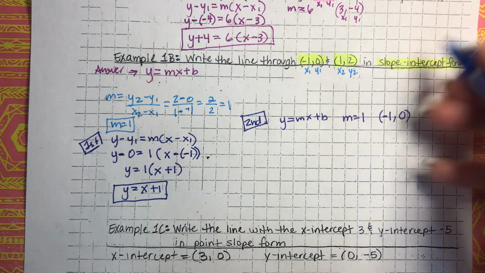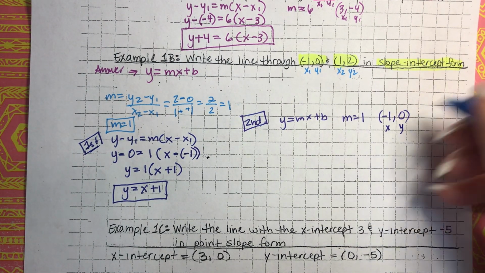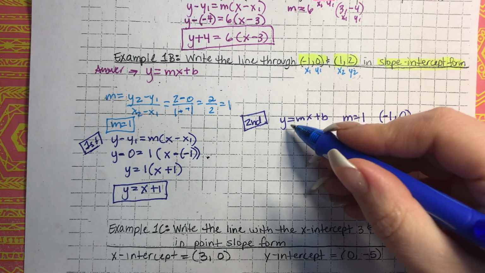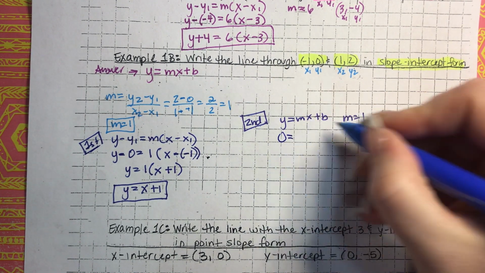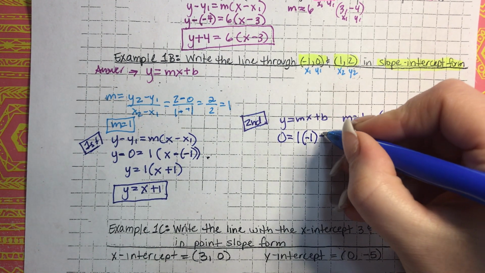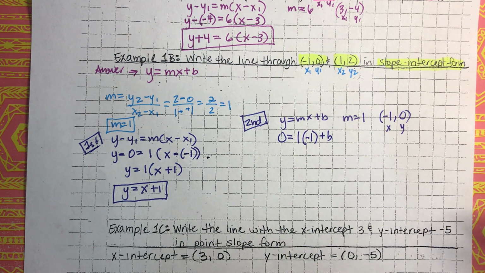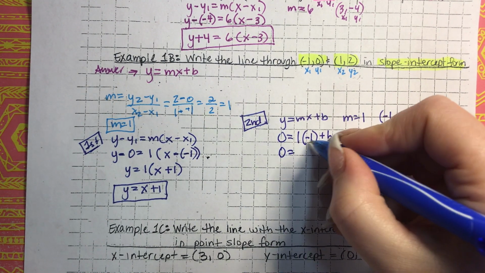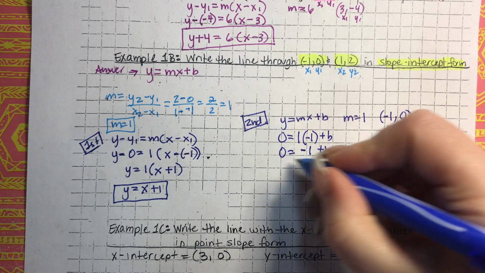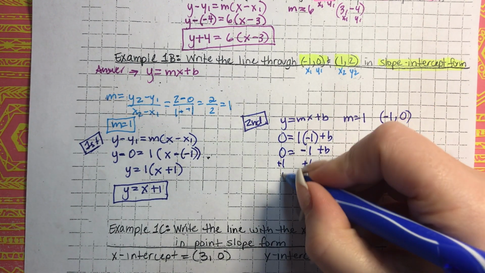I'm going to take this one, and this is going to be my x, and this is going to be my y, and I'm going to substitute those values in. So y is 0 equals, my slope is 1, x is negative 1, and I'm really solving to figure out what b is. So 1 times negative 1 would be negative 1 plus b, and then we'd add 1 to both sides. So we end up with 1 equals b.